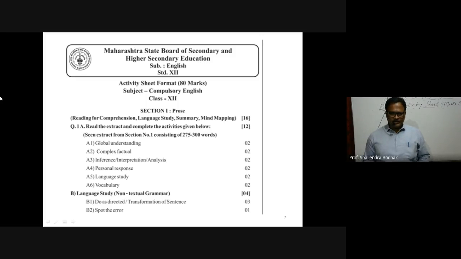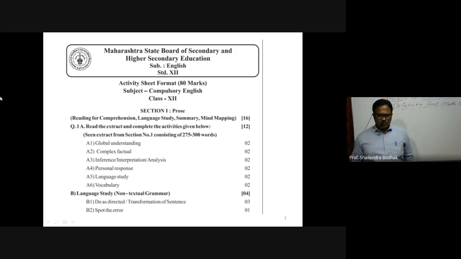There may be about tenses or about articles or any other type of grammar, change the voice or direct, indirect. So all sorts of transformation of sentences are there, and then you have to transform according to the sentence which is given.